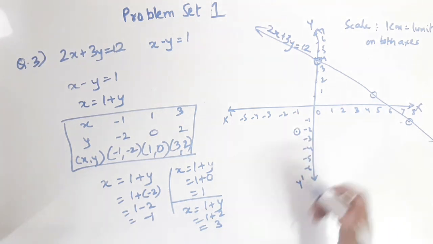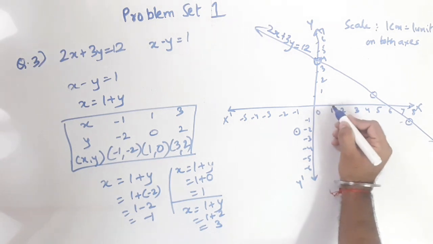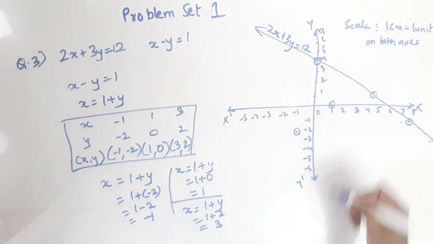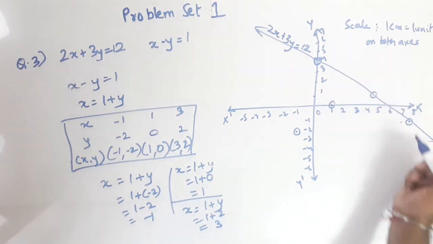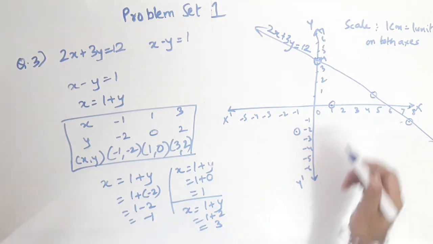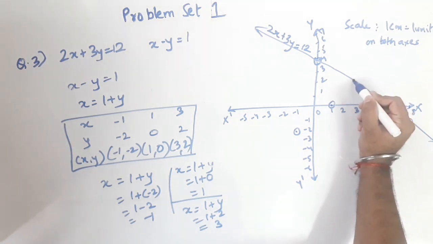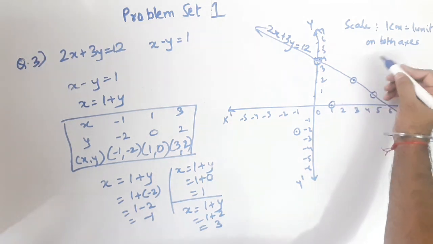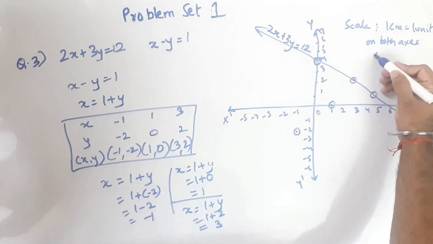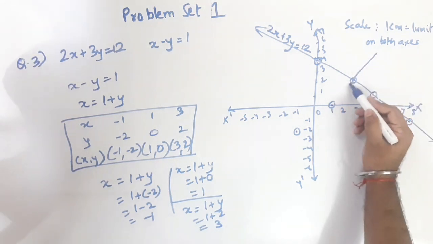1 comma 0, 1 on x, 0 on y. So this is here, 1 comma 0. And lastly 3 comma 2. 3 on x axis, 2 on y axis. It is somewhere here. Okay, maybe on the graph of the other one. Okay, so these all 3 points are collinear. You can join them using a scale.